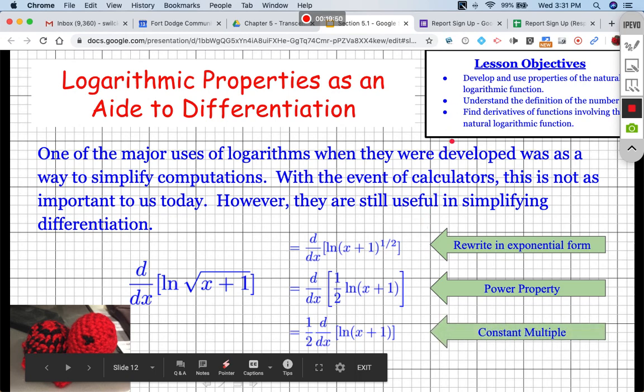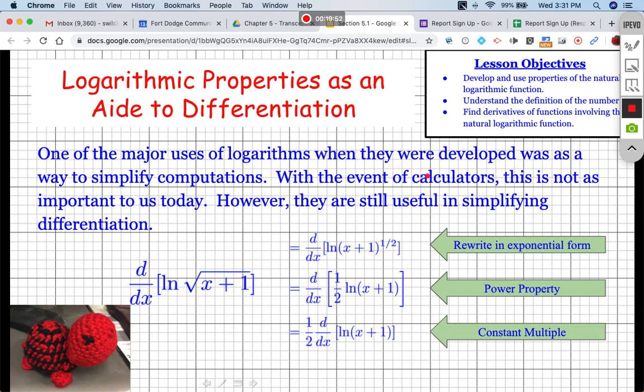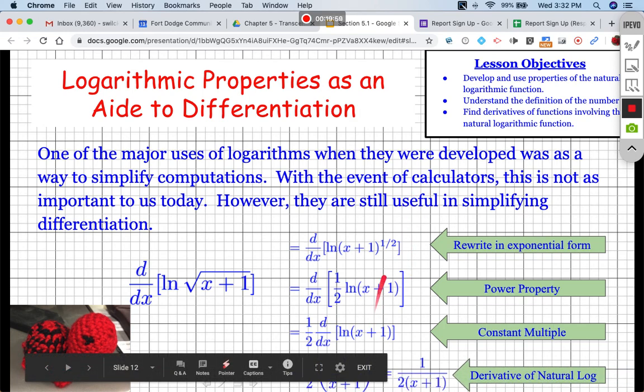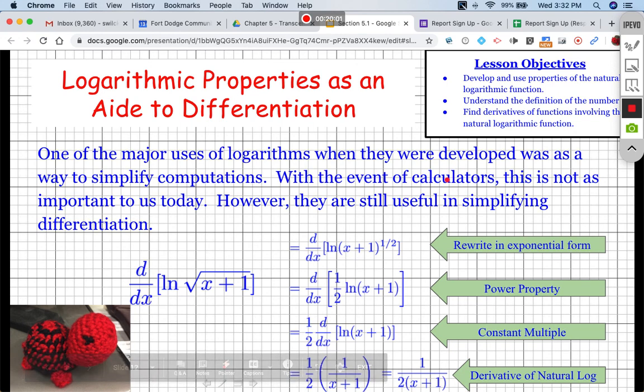Oh, that's the constant multiple, so it's 1/2 times the log of x plus 1. And now, oh, that's just u prime over u, and u prime is 1 in this case. So we got 1/2 times 1 over x plus 1. And that's kind of how we can use some of these properties with logarithms to make some problems easier to do.